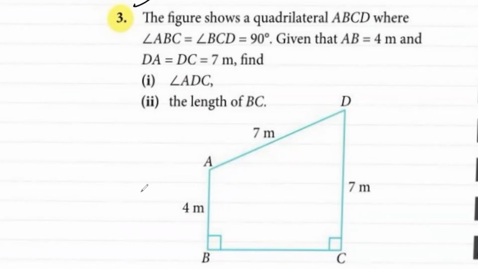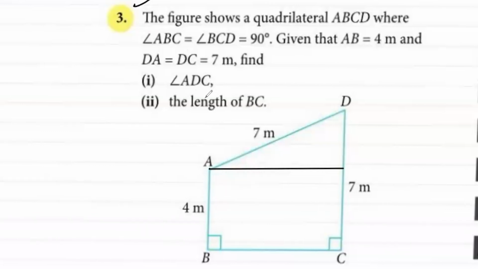There are four sides, and a four-sided figure is called a quadrilateral. But here no right angle triangle can be seen. So we can divide this figure into two shapes by drawing a line. From A, I have drawn this line.